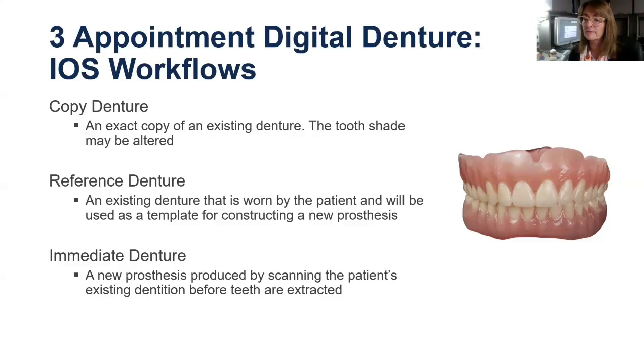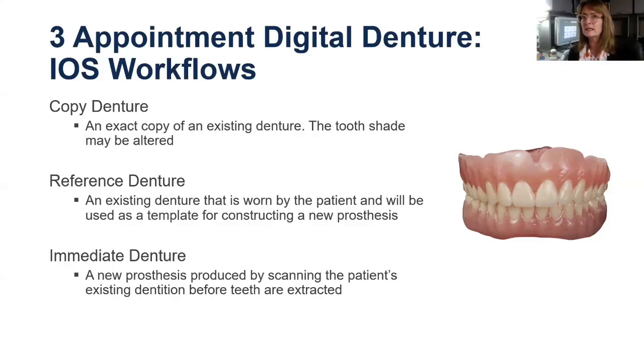It's the best custom tray. And so oftentimes I work with dentists whose mindset needs to shift a little bit from not wanting anything to do with that old denture. We still want to use it. We want to use it as that custom tray, and we want to use it to assist us in verifying a good solid bite.